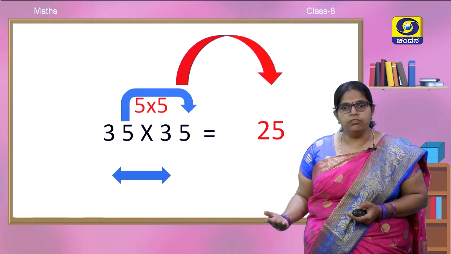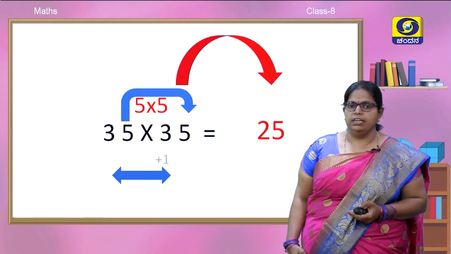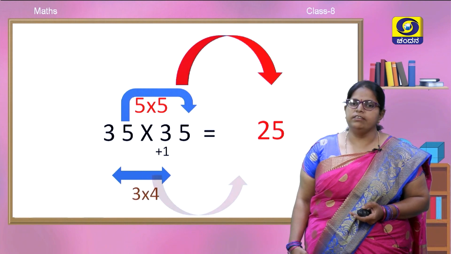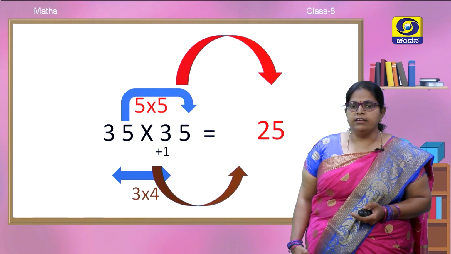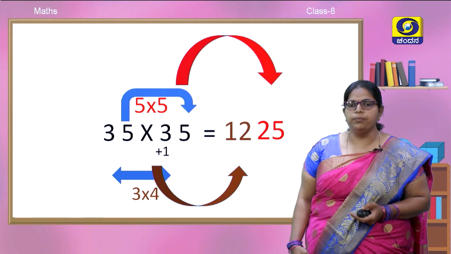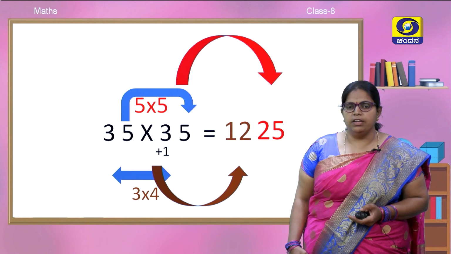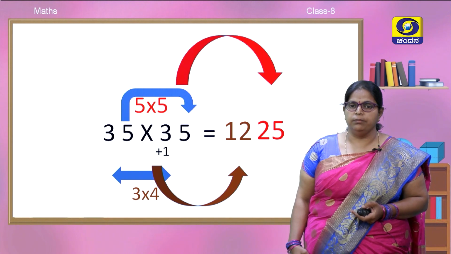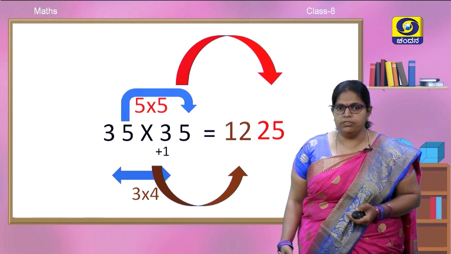Find the next consecutive number of 3. 3 plus 1, 4. Find the product and write it in the hundreds and thousands place of the product. 35 into 35 is equal to 1225. Let's try with one more sum.